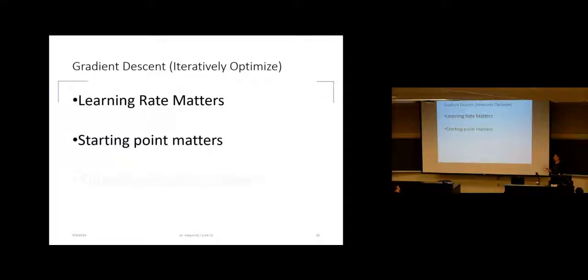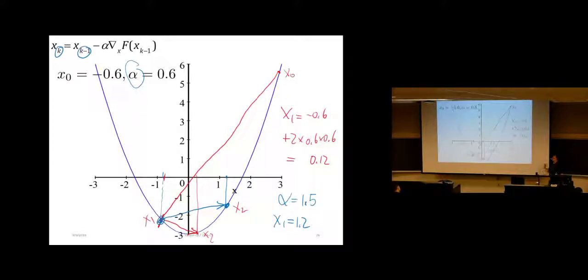The second thing is that starting points matter. We already tried +2 and +3. Now let's try -2.6, with still a big learning rate.